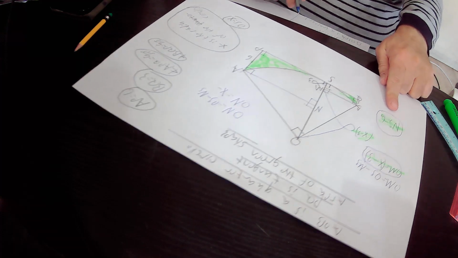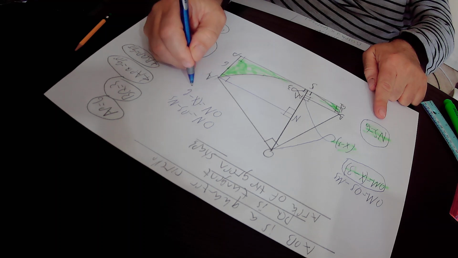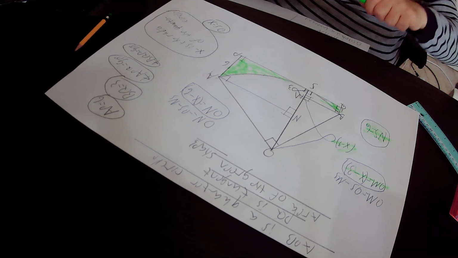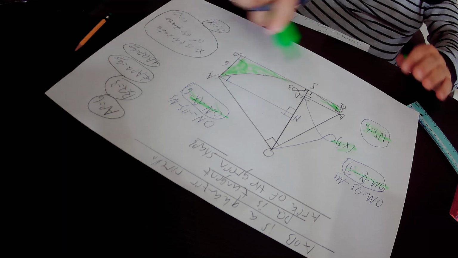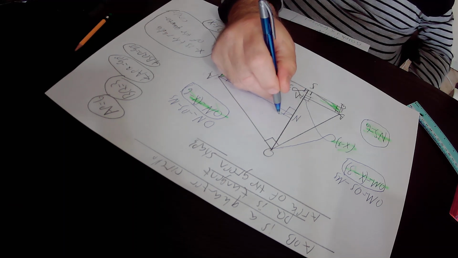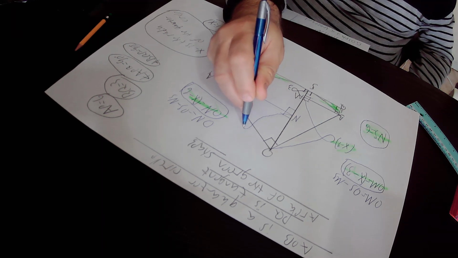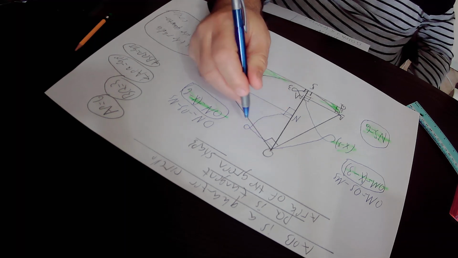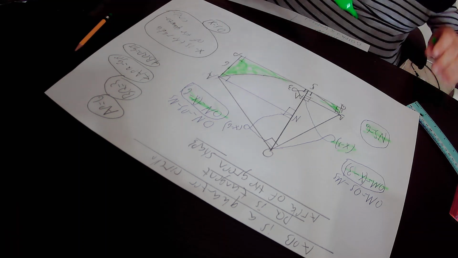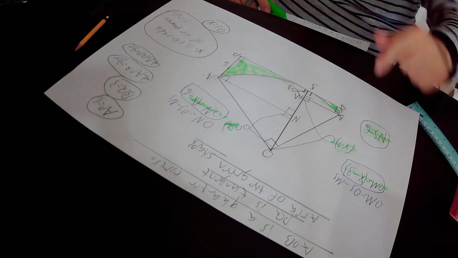We already found out that NS equals 6. So the length of line segment ON equals X minus 6 units. And OM equals X minus 4 units.